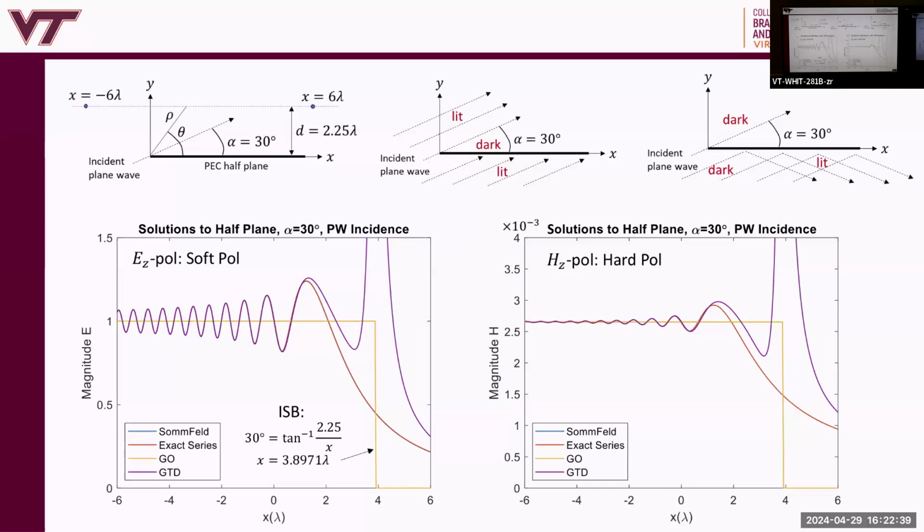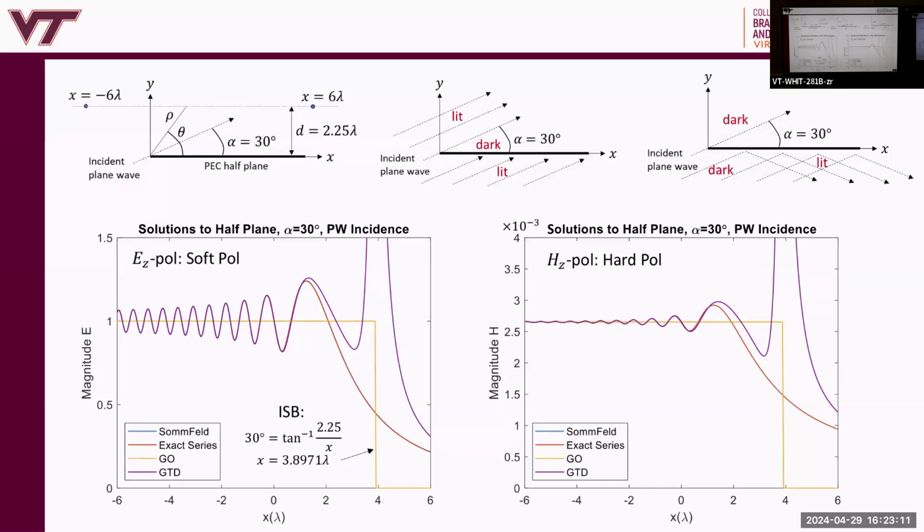First off, the geometrical optics solution starts out as 1 as we travel from -6 lambda to +6 lambda. We notice that there's an incident shadow boundary here at x equal to 3.8971. You can calculate that value. The incident field is observed everywhere along this line, but after this line in this direction, it goes to 0.